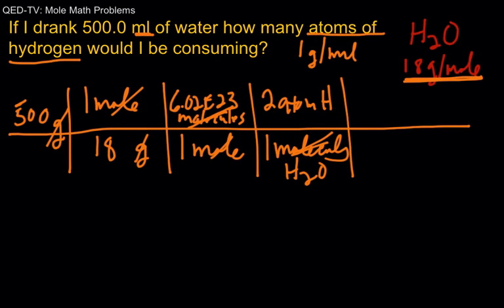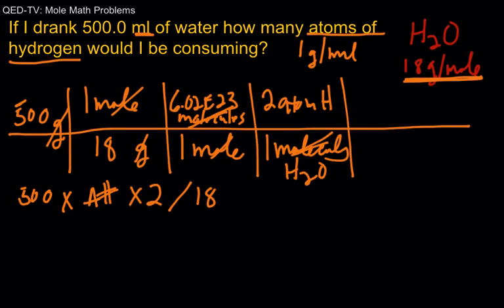I take 500. Remember how you do this. We do the top numbers, 500 times Avogadro's number. I'll just write this as a shortcut. Avogadro's number, 6.02 times 10 to the 23rd, times 2. And then we divide by all the bottom numbers. So I'm going to divide by 18.